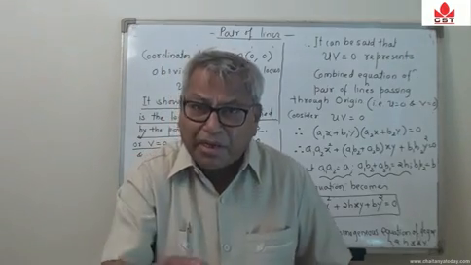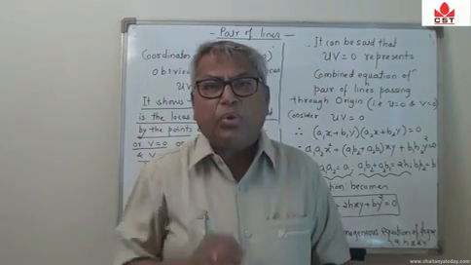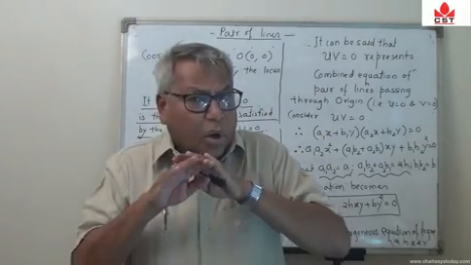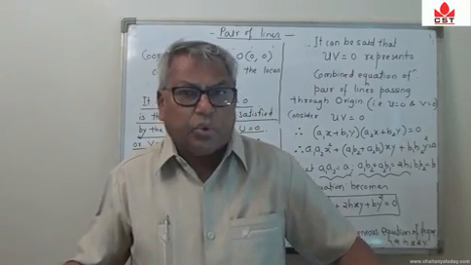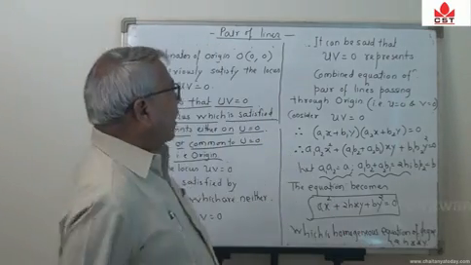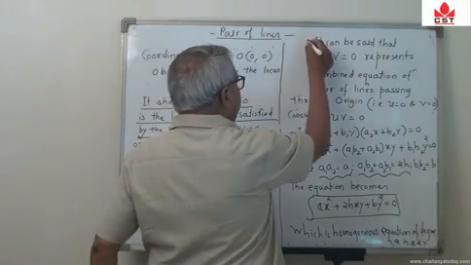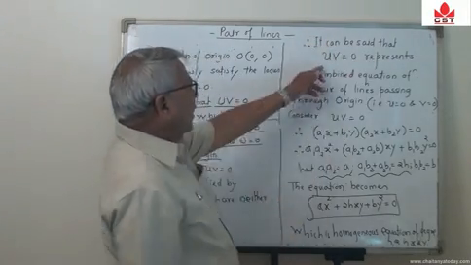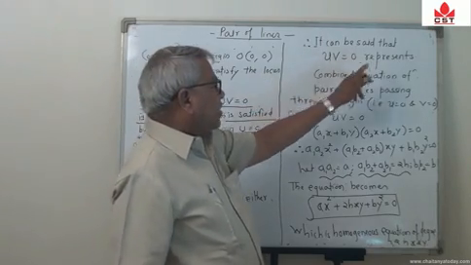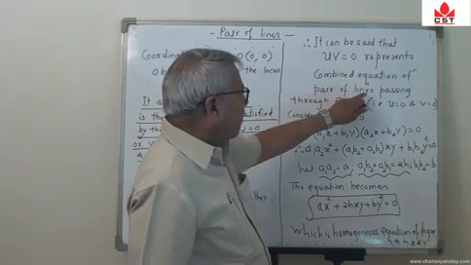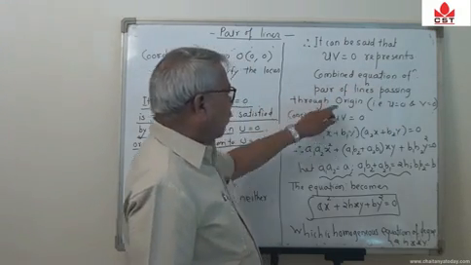So a point which is neither on u equal to 0 nor on v equal to 0 does not satisfy the locus uv equal to 0. And definitely, therefore, it can be said that uv equal to 0 represents the combined equation of a pair of lines passing through the origin.